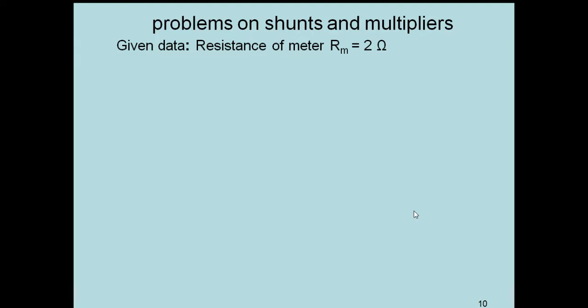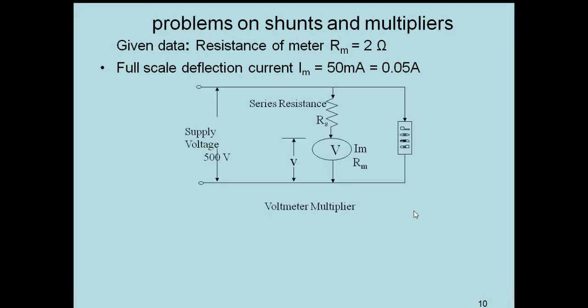So the given data: meter resistance Rm is 2 ohms, full scale deflection current Im is equal to 50 milliamperes, and this is the equivalent circuit we have just drawn, and we need to measure a voltage of 500 volts. Now we need to find the series resistance, the value of this Rs.